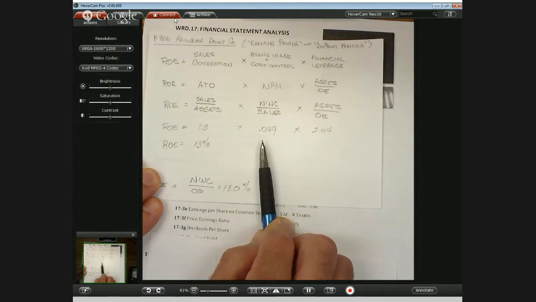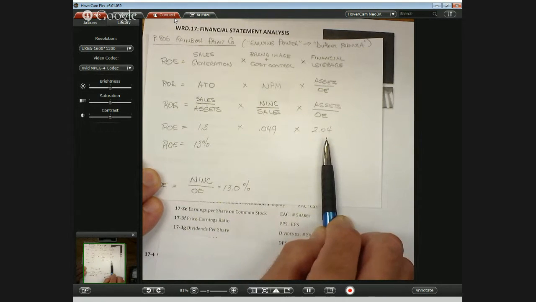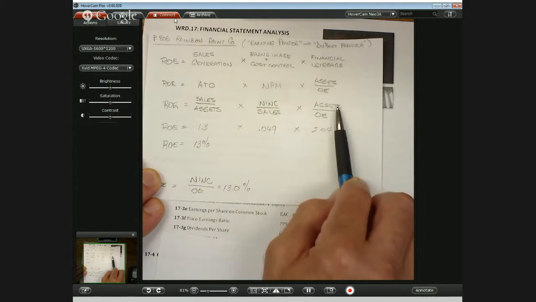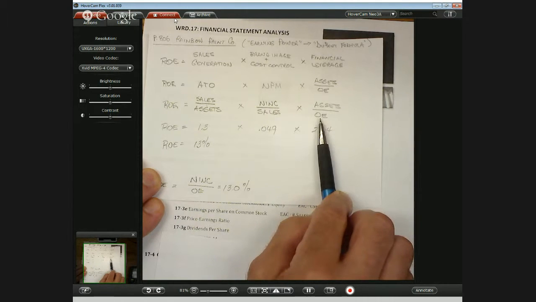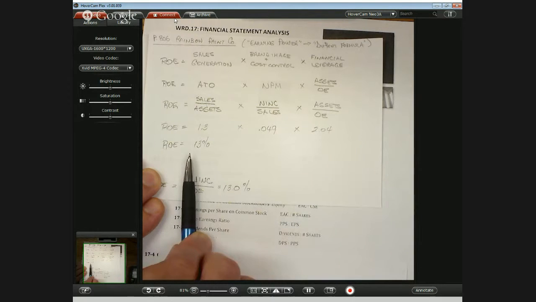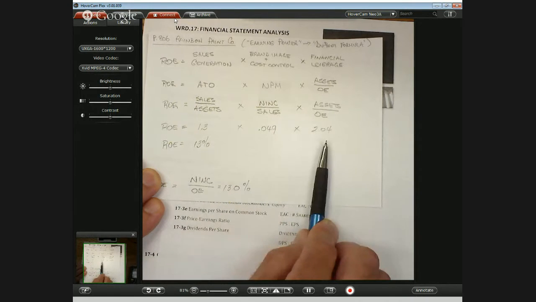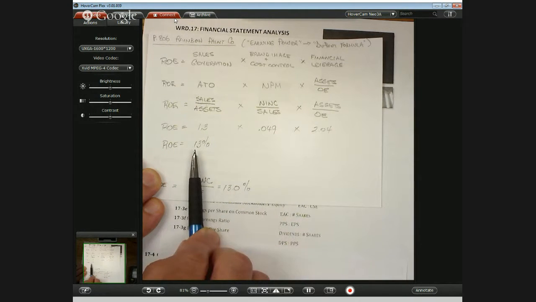That profitability is enhanced because the business financed some of the assets through debt instead of asking the owners to finance all of the assets. In other words, the owners can control $2.04 of assets for every dollar that they contribute. And what business people do is monitor the trend of these three items and compare it to the trend in return on equity so that they can explain what component of the business is driving return on equity up or down.